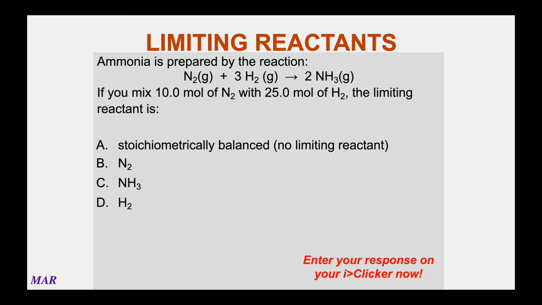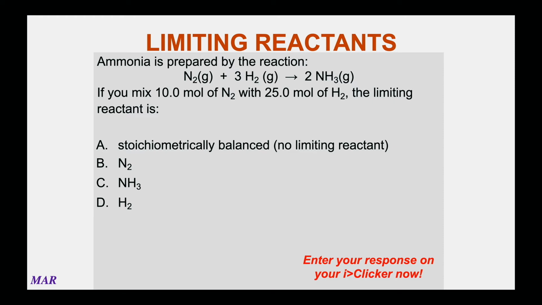Now, if you look at just the raw numbers, 10 moles of N2 and 25 moles of H2, it looks like H2 is a lot bigger number than 10, and it is. So it feels like you should say, well, H2 is in excess and nitrogen's the limiting reactant because it's smaller. But remember, there's another thing we have to think about. 1 nitrogen needs 3 hydrogens.